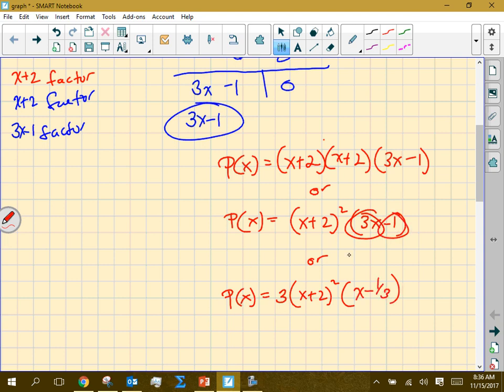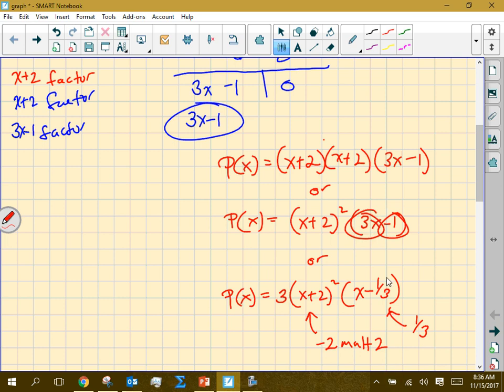And the reason people like to do that is because now you can see right there, that's a 0 of negative 2 with a multiplicity of 2, and that's a 0 of 1/3. Still something you could have found with 3x minus 1 as your factor, but regardless, that's maybe how you would do that problem.